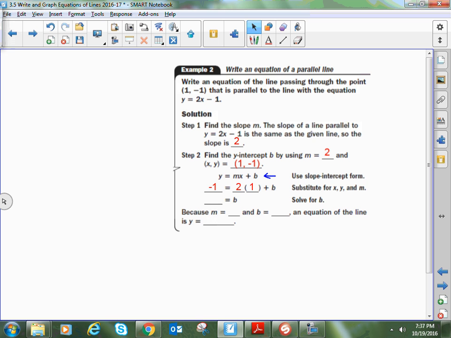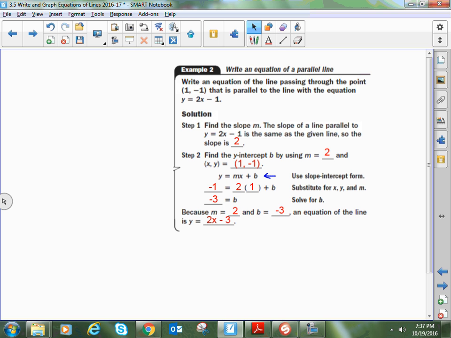So substituting the y-coordinate, the x-coordinate, and the slope into their respective spots, we wind up with this. Multiply the 2 and the 1, and then subtract it to the other side, and we get a y-intercept of -3. And so the final equation would be y is equal to 2x minus 3.